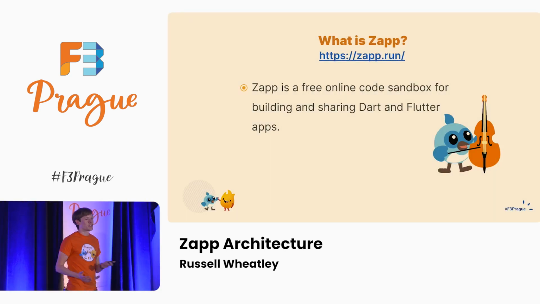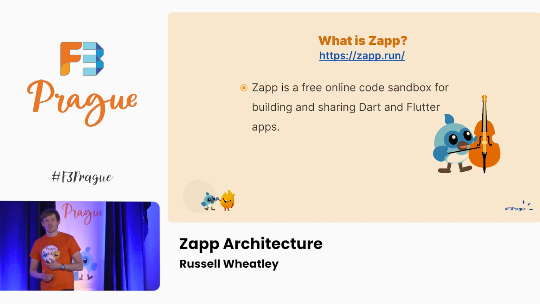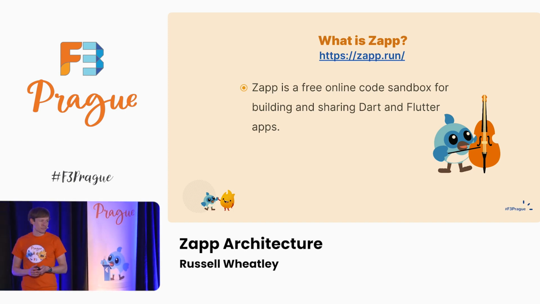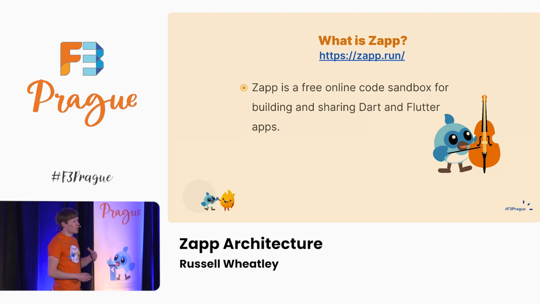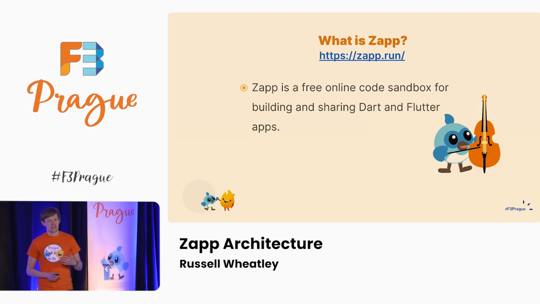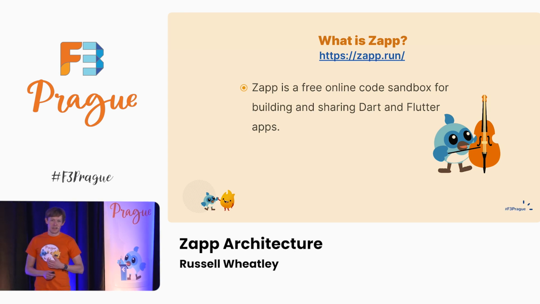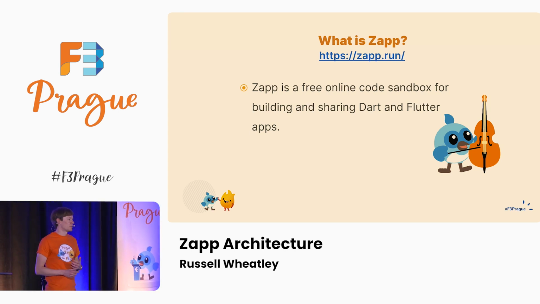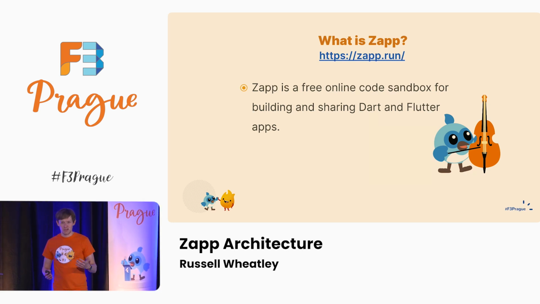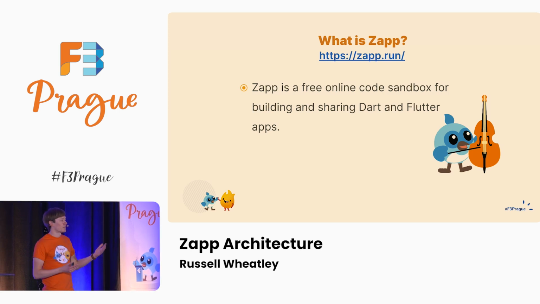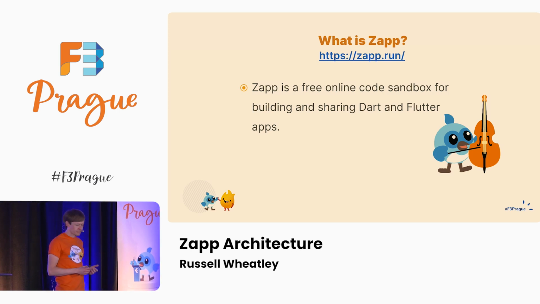So I think the first question that we need to answer is, what is Zap? So in a nutshell, Zap is a code sandbox for Dart and Flutter applications. And if you've done any web development, you might be aware of Code Sandbox, which allows you to run JavaScript web applications using your favorite frameworks, either React or Vue or Angular.